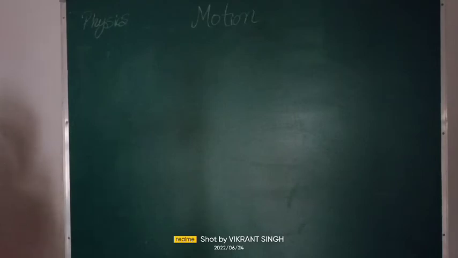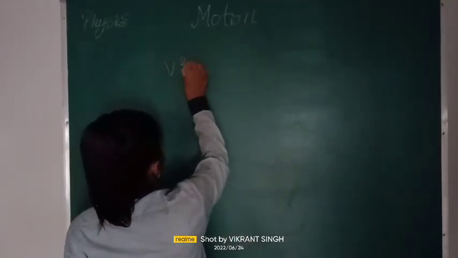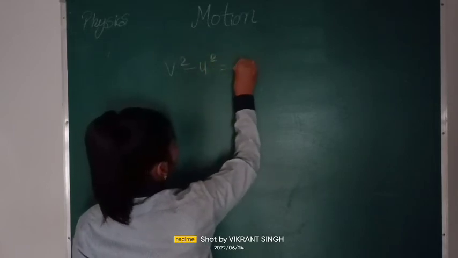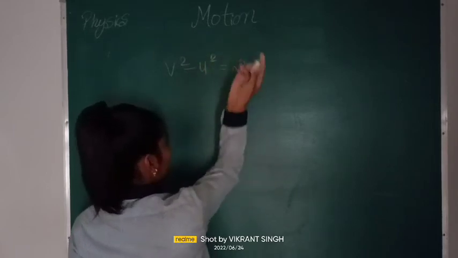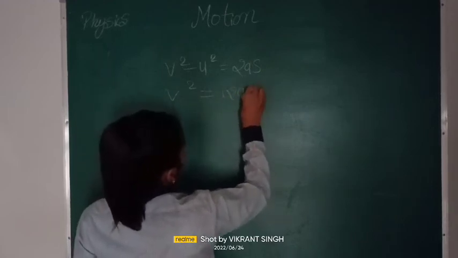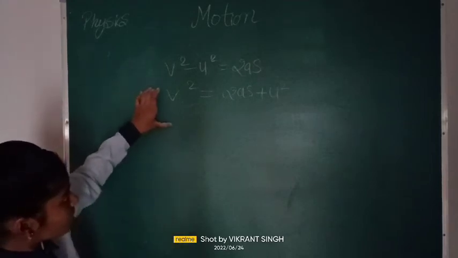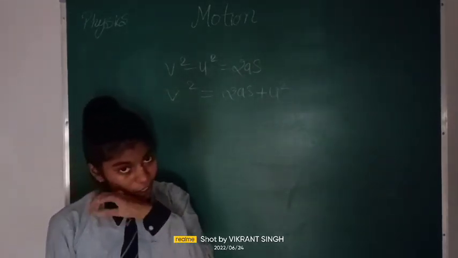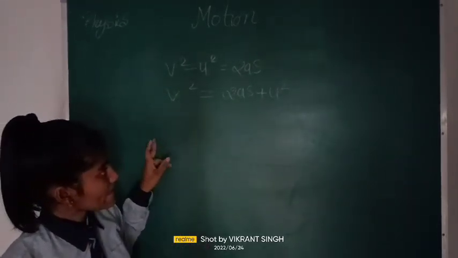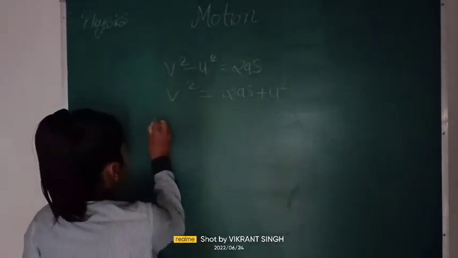Now, we know that the third equation of motion is v square minus u square equals 2as. Or in other terms, we also write v square is equal to u square plus 2as. That is what the third equation of motion tells us. Now, to find this, we have to put the value of t in this case.